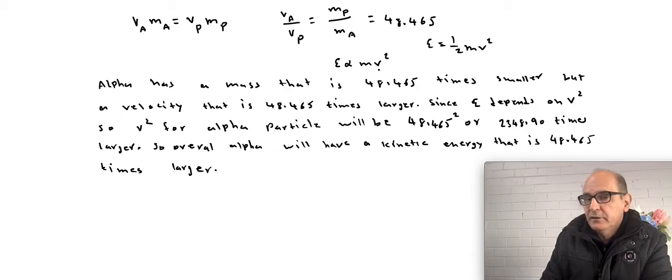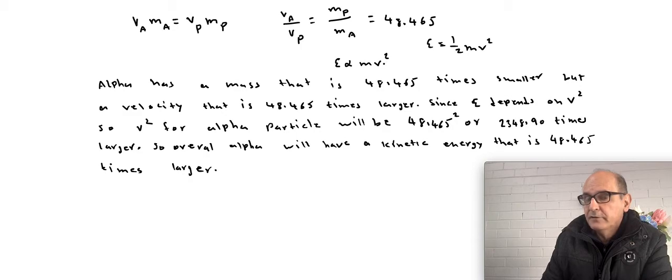If it were just velocity, the kinetic energy of both particles would have been the same, since one has higher mass and one has higher velocity. However, because velocity is squared, your alpha particle will have 48.465 times more kinetic energy. As we said, mass is lower, but velocity is squared.